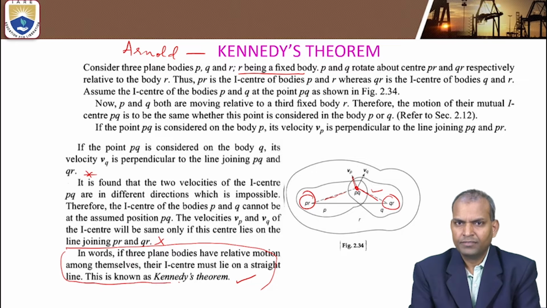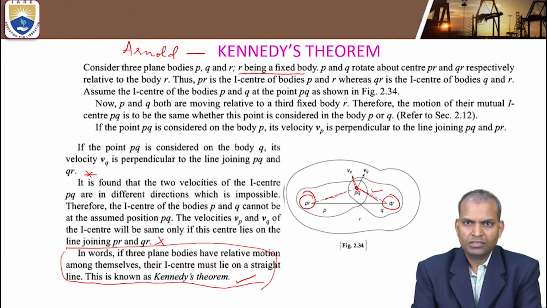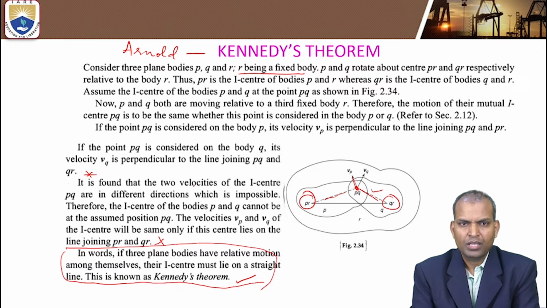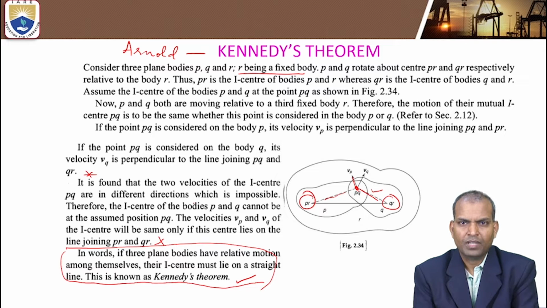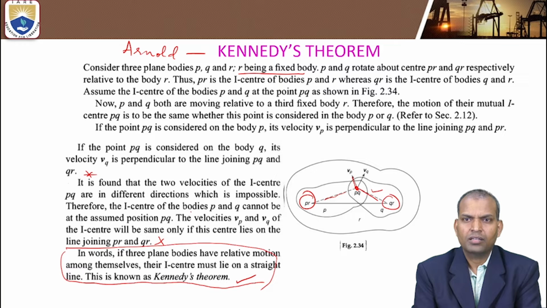The meaning is that it is found that the two velocities of the eye center PQ are in different directions, which is impossible. But it should be in the same direction. So the eye center of the bodies P and Q cannot be at the assumed position PQ. Where should it be?